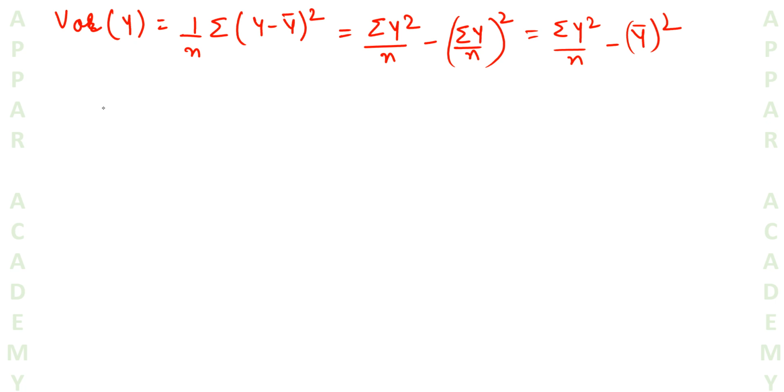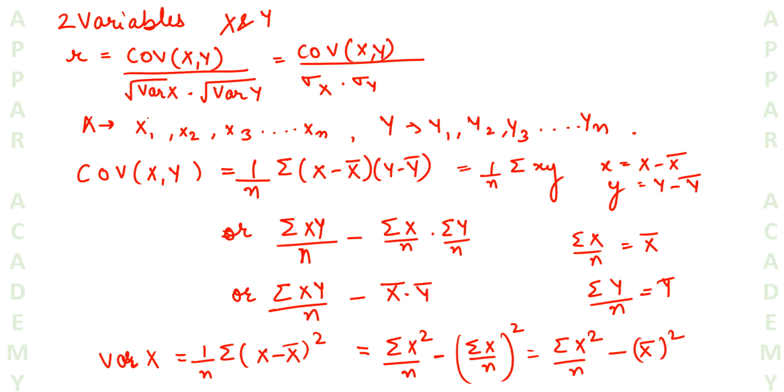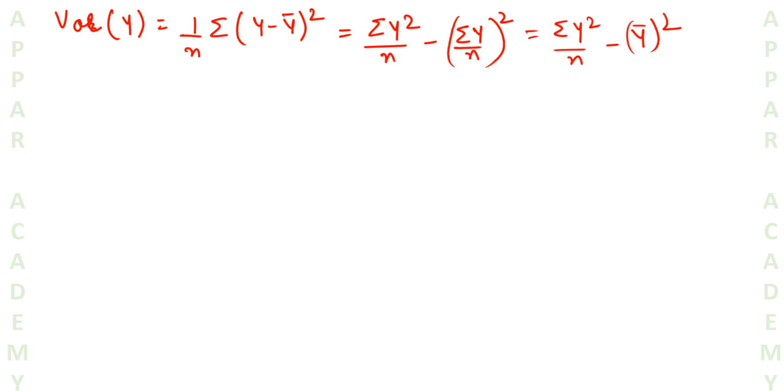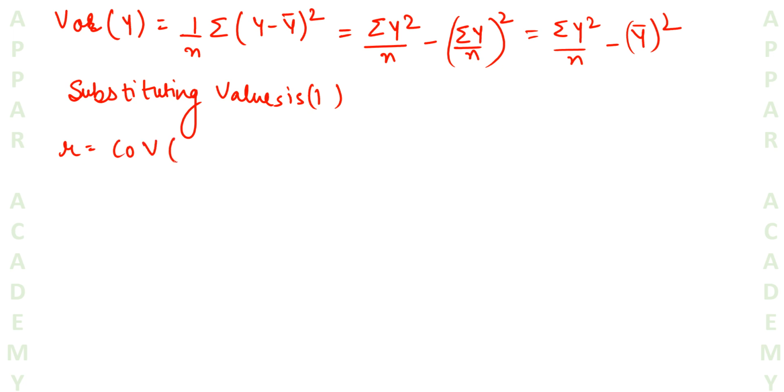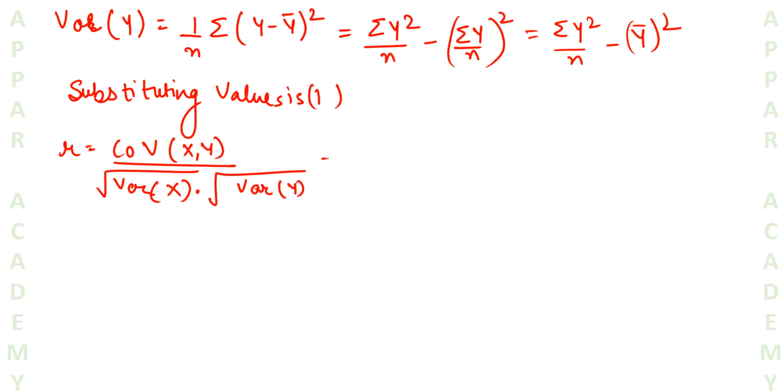Now we'll see simply the correlation coefficient. So let this be denoted as 1. So now substituting the values in 1, let's write out the first formula. Substituting values in 1, right, so in 1, that is R is equal to covariance of xy upon square root of variance of x into square root of variance of y. We'll put the values over here.